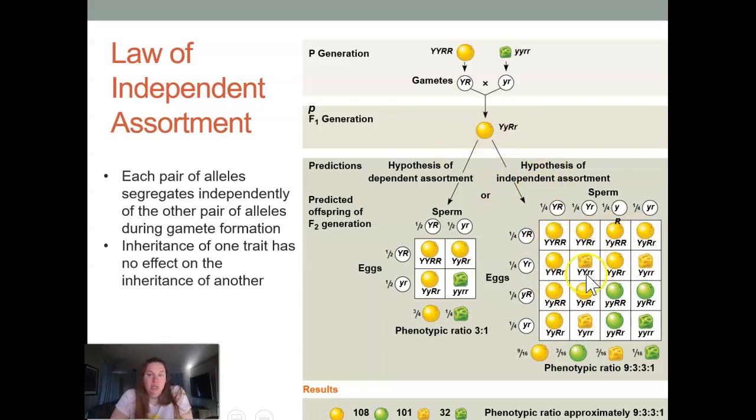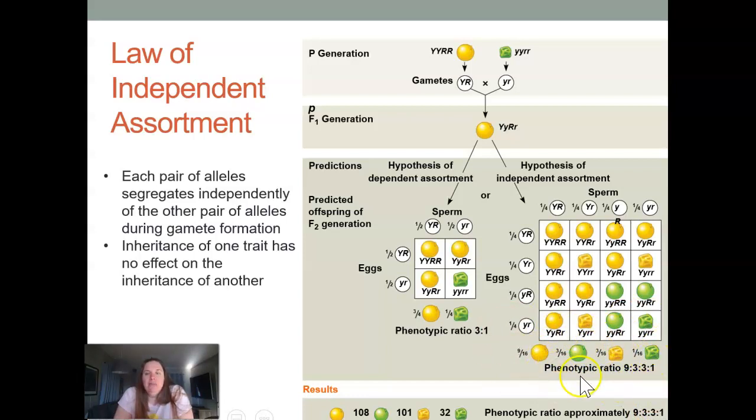He's going to see some yellow wrinkled seeds, some green smooth seeds, and so on. So which one did he find? Of course, he found that they're independently assorted from one another. When he did this experiment thousands and thousands of times, he saw exactly the phenotypic ratio that he expected, that 9 to 3 to 3 to 1 ratio of these phenotypic traits.